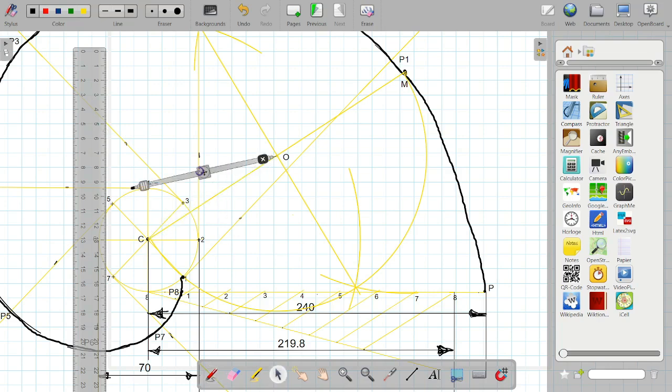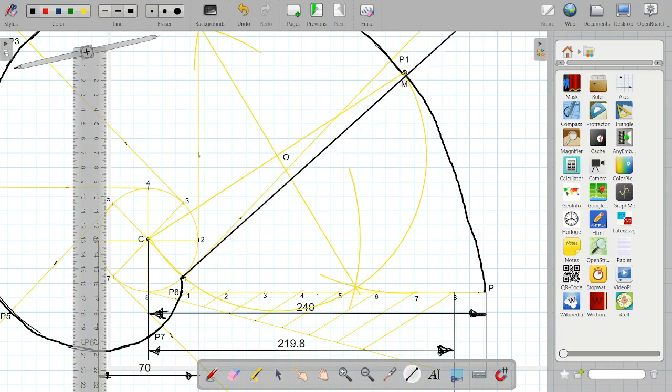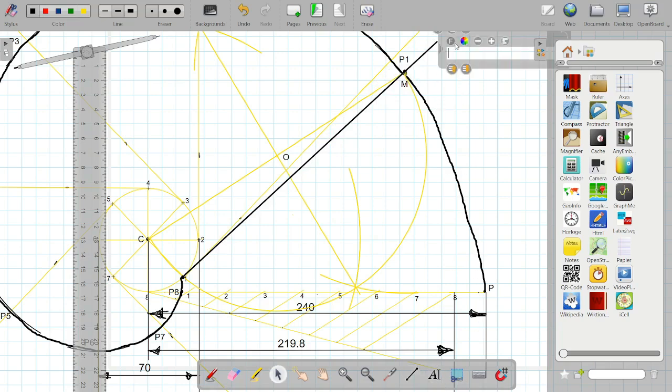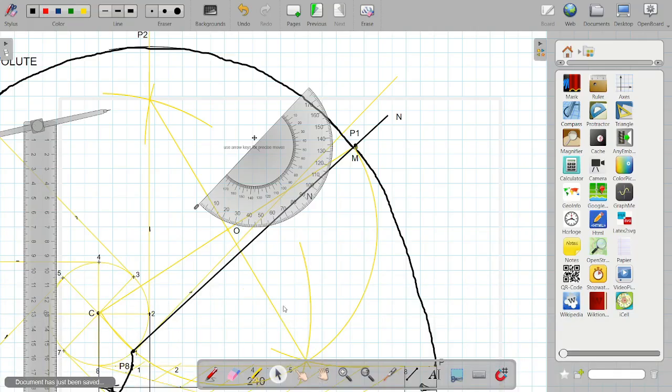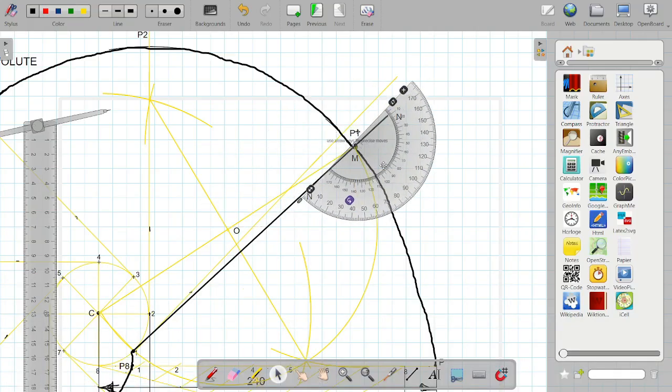Now, by means of a scale, you need to join this point with point M. And this line which we drew just now is nothing but the normal to point M. So I will name it as normal. And now we also know that normal and tangent are perpendicular to each other.